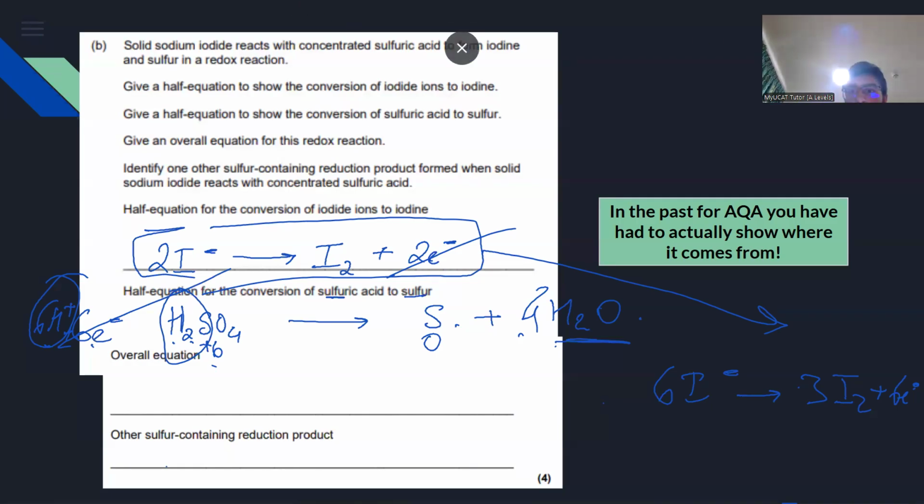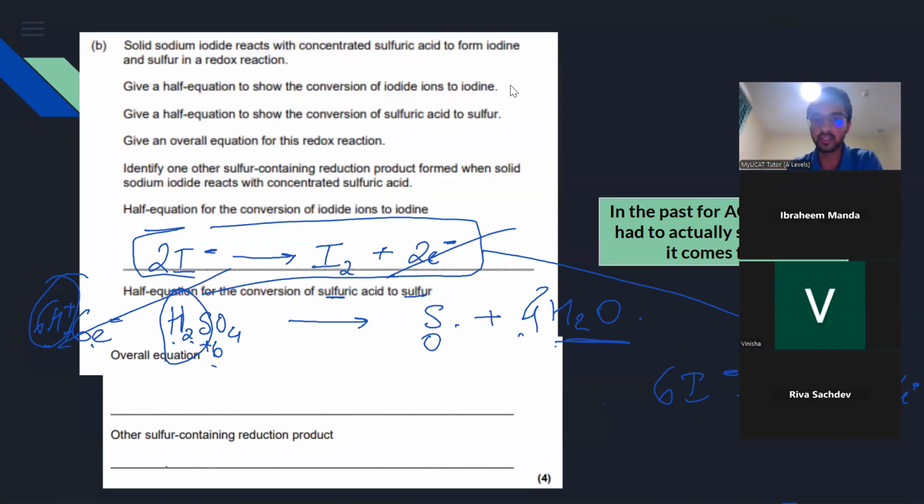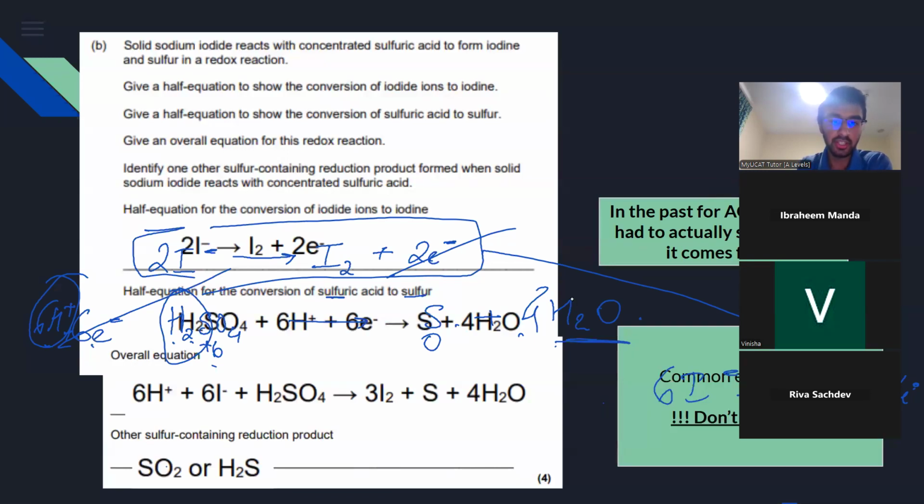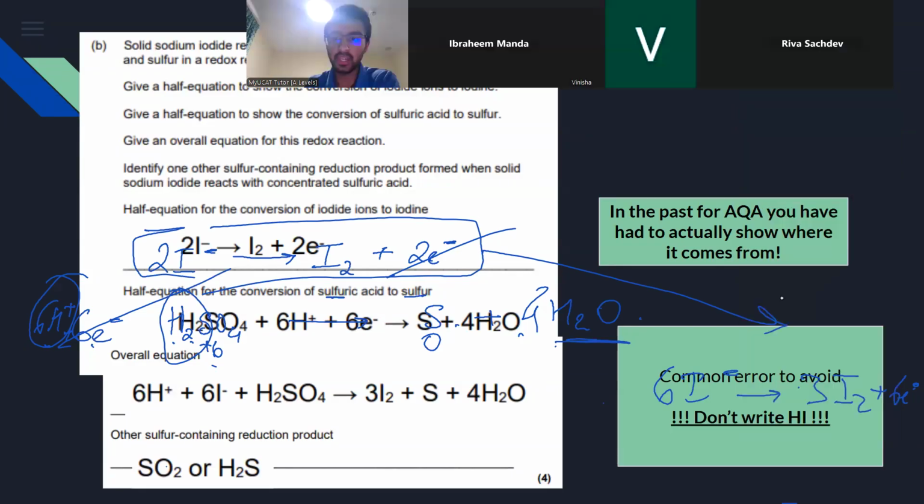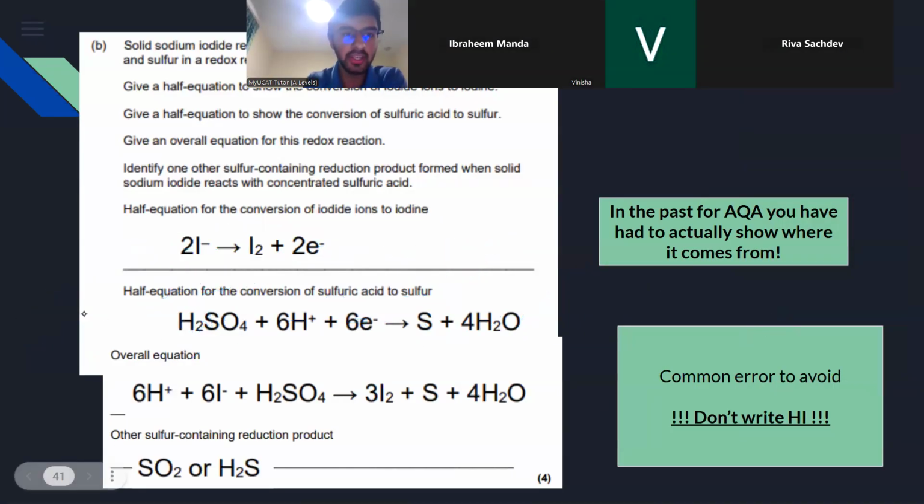Everyone happy with this question and all of the ones so far? What do we think? Yep. So SO2 or H2S, this is the equation, right? Make sure you understand where they come from. A common error that you see on the mark scheme is people write HI. Don't write HI, leave it as H plus I minus.